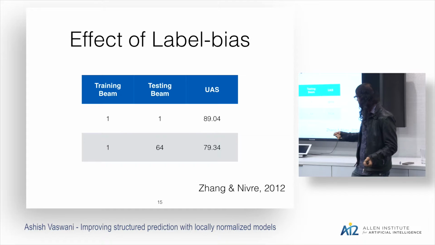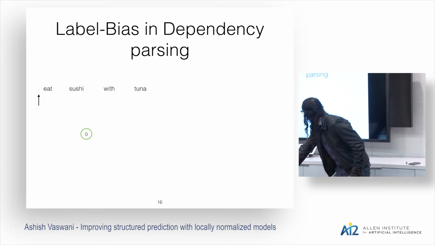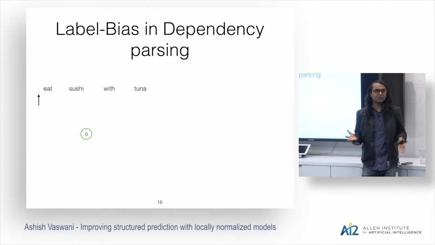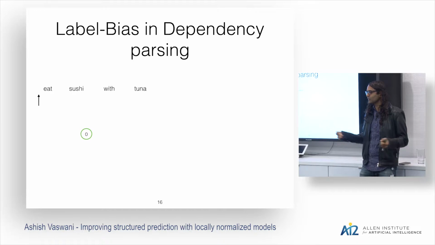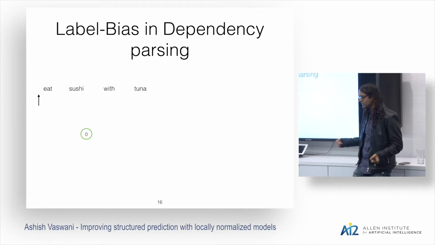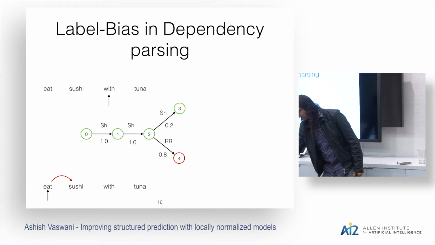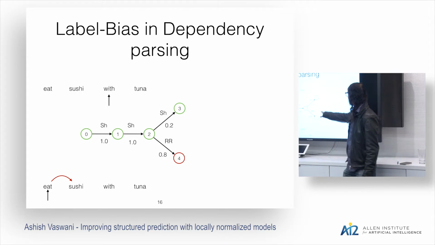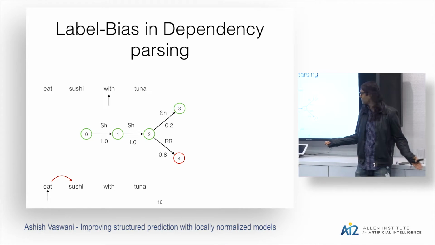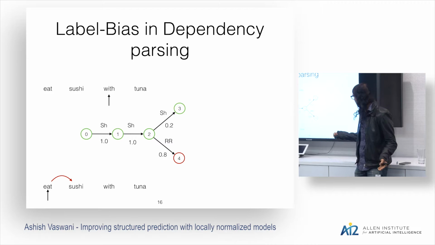So let's see how label bias, this particular phenomenon that's peculiar to these locally normalized models, might occur in dependency parsing. So you're running your parser, you predicted the right action here, you predicted the right action here, and you could potentially predict an incorrect action here with some high probability. Your classifier might not be perfect.